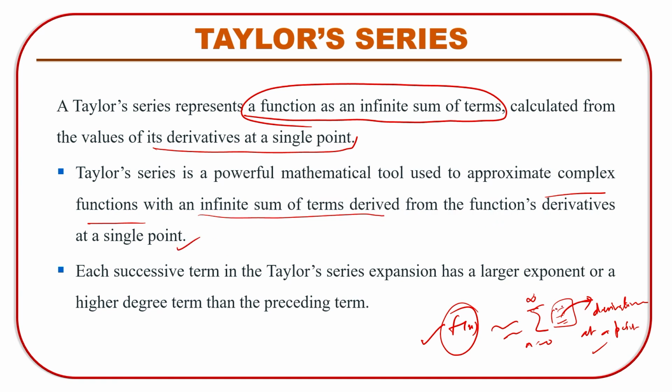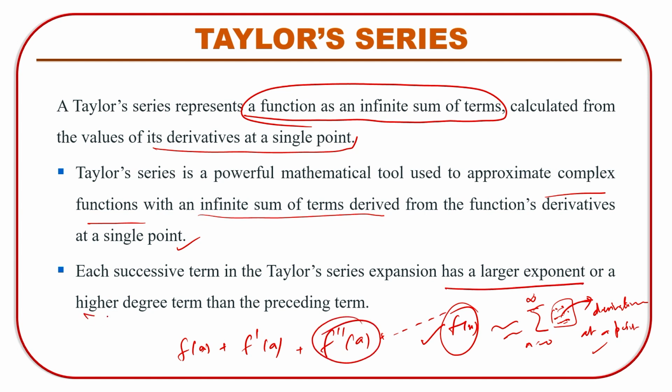Each successive term has a higher degree than the preceding terms. If you write f of a, the next term must contain f dash of a, then f double dash of a, and so on.